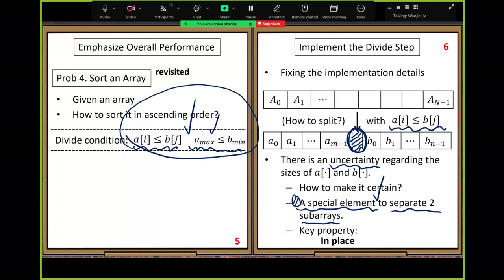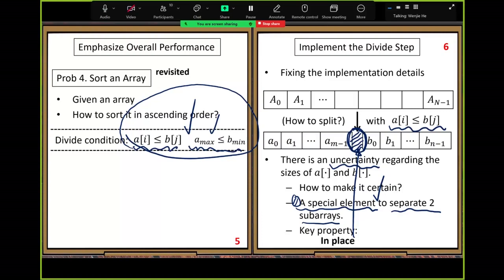And you can see this special element has a key property. It must be in place, right? Its location must be in the right place when the whole array is sorted. That's the key property of this element.